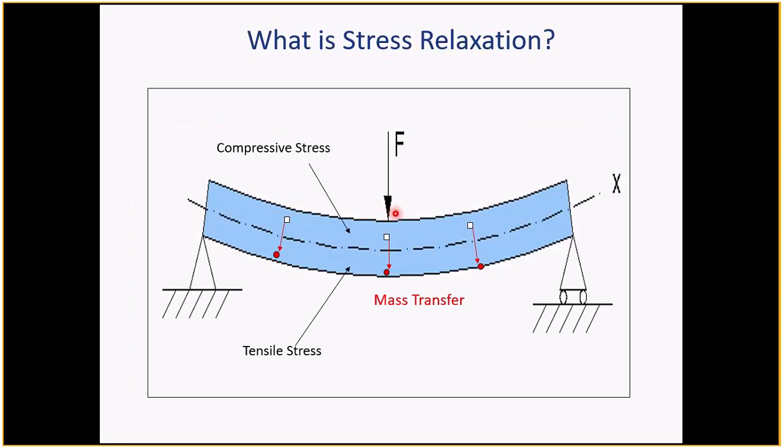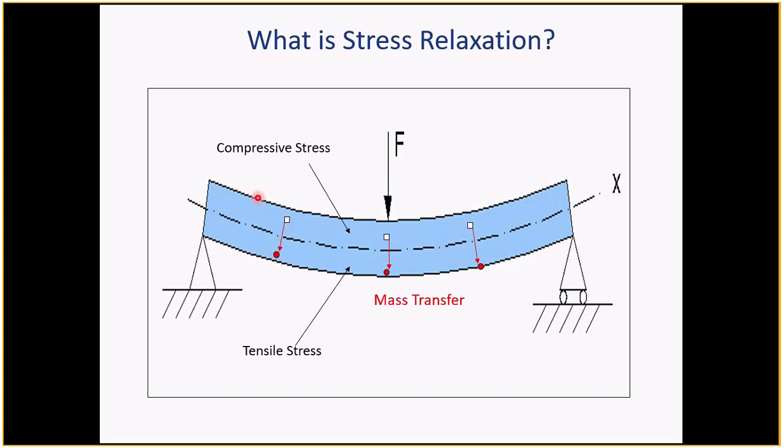But if you sit it with this load for long enough, if you have a means of transferring mass, then the vacancies will go this way and the interstitials will go this way, because this part wants to elongate and this part wants to shrink.